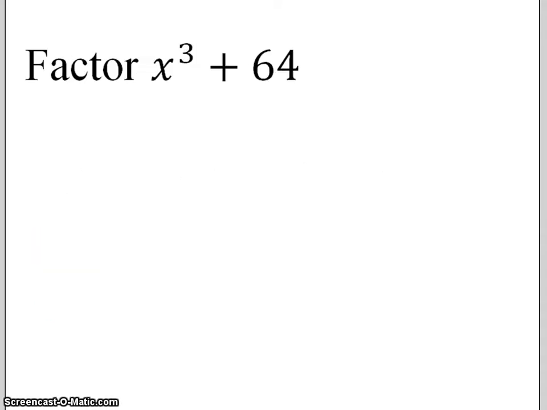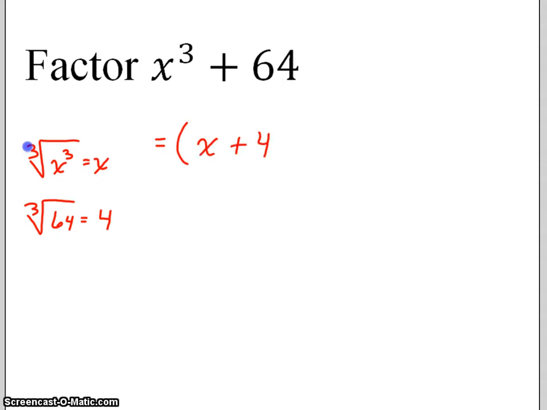Factor x cubed plus 64. So we need to figure out what the cube root of x cubed is. That's x. And the cube root of 64, you want to think what number multiplied by itself 3 times produces 64. That's 4. Okay, so here we go. So we're going to use the x and the 4 now. So x plus 4, same sign, same.